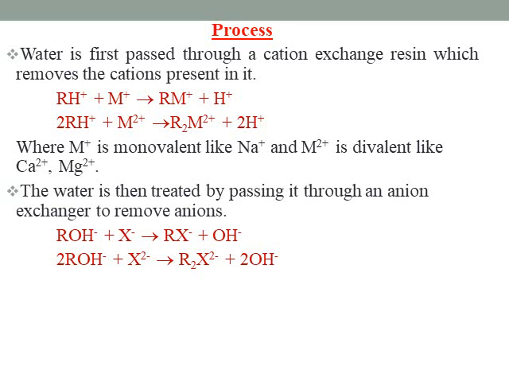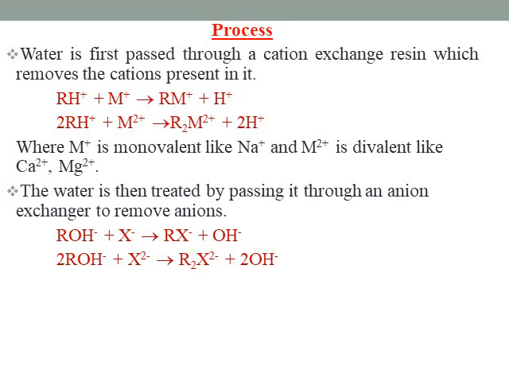So the water which comes in contact with the anion exchanger will start exchanging all the anions present in the water. Now, if it contains divalent anions like SO4 2 minus, sulfate, CO3 2 minus, etc., these divalent anions are also exchanged with ROH.